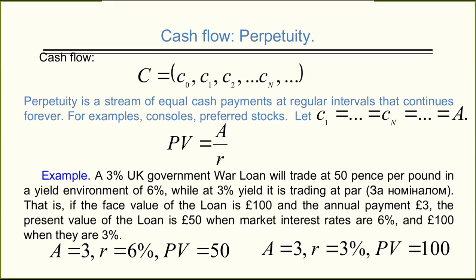It's easy maybe, but we are interested in perpetuity and annuity. What is this? Perpetuity is a stream of equal cash payments. So C0, C1, C2, Cn, it is all equal value, and at regular intervals, and that continues forever.